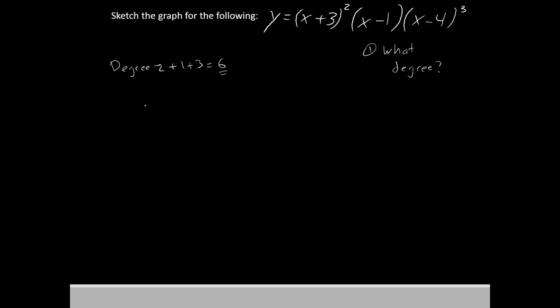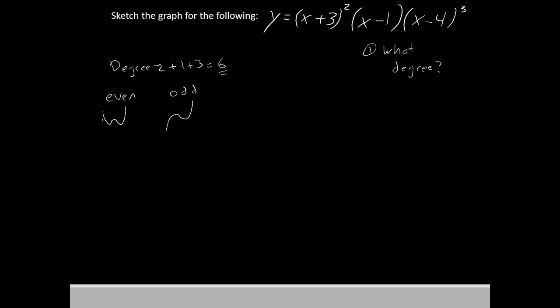Now, whether the degree is even or odd will make a difference. If you have an even numbered degree, your graph will look something like this. It may have a few more twists and turns in it, though. If you have an odd degree, it'll look kind of like this. Again, it might have more twists and turns in it.